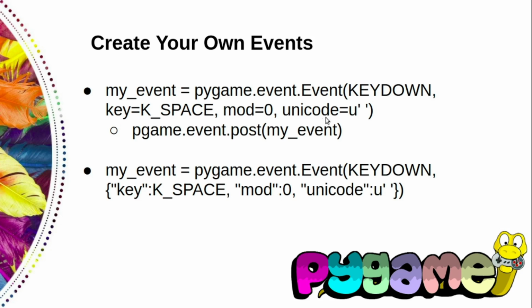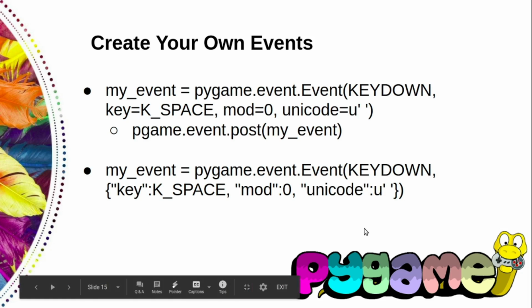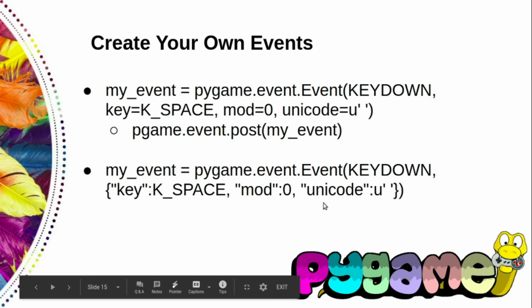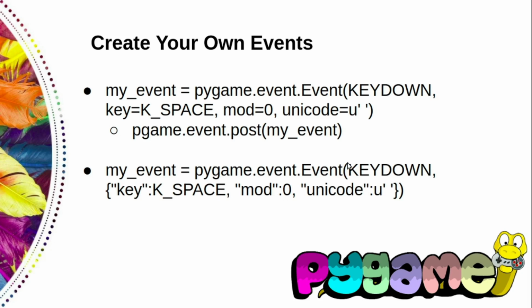If you prefer, you can supply these values as a dictionary as well. So here, key is equal to K_SPACE, mod is equal to 0, unicode is equal to space. All these things, key, mod and unicode, I have discussed in the previous part of the video. So if you find difficulty to understand, then please watch the previous lecture on events.